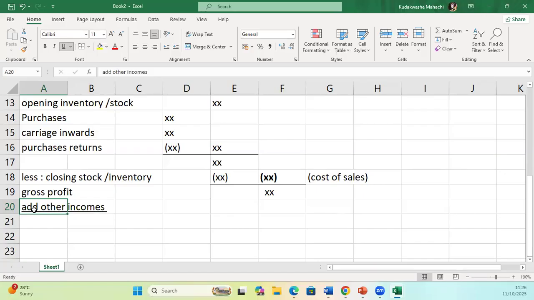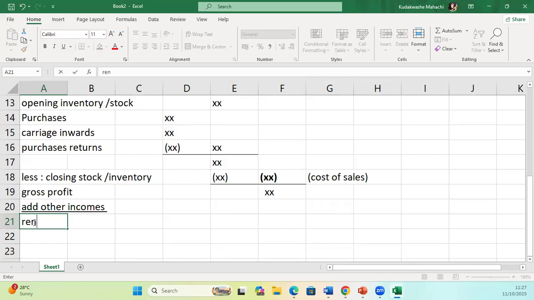For example, you can be running a clothing shop, and you can find someone who wants to rent a space in your shop to do eco-cash, and they pay you rent. The rent you are receiving is income, but it is not sales, because your sales are from selling clothes. So the rent you are receiving is not classified as sales, but we put it under other incomes.